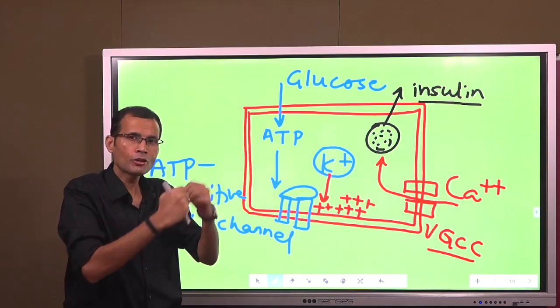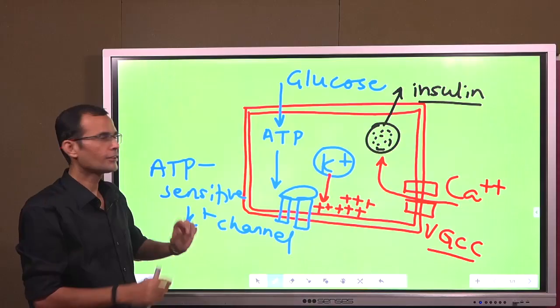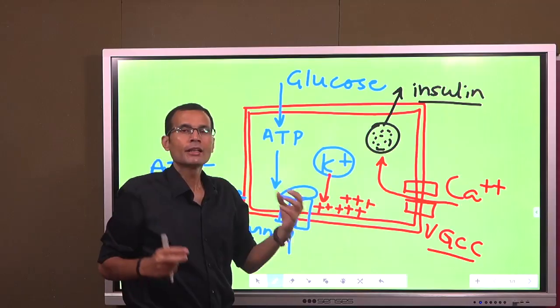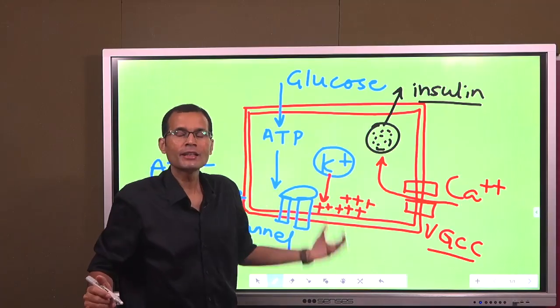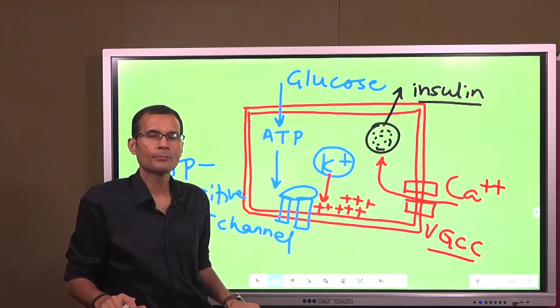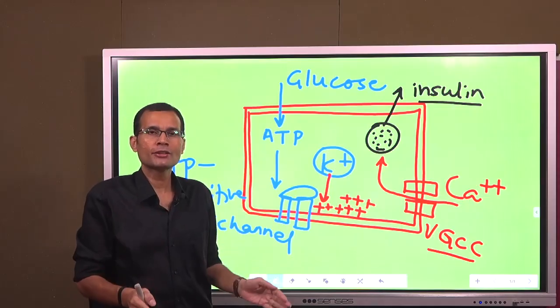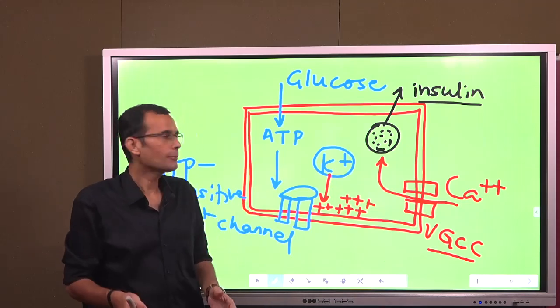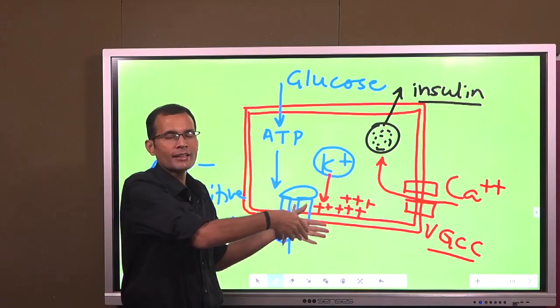Therefore, we can think of it in reverse, just for the sake of conceptual understanding. Insulin is going to be released by exocytosis. For exocytosis, what is required? Calcium is required. But calcium cannot be kept inside the cytosol.